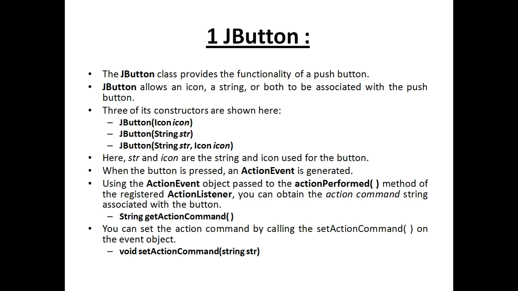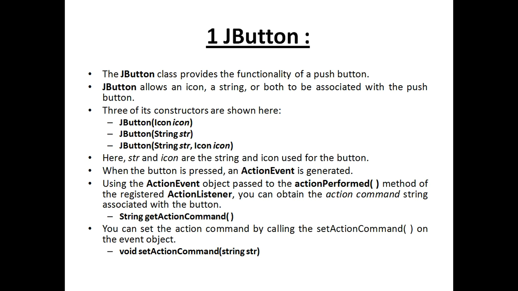When the button is pressed, an action event is generated. Using the action event object passed to the actionPerformed method of the registered action listener, you can obtain the action command string associated with the button. For that, you can make use of the getActionCommand method, which returns the string associated with the button.